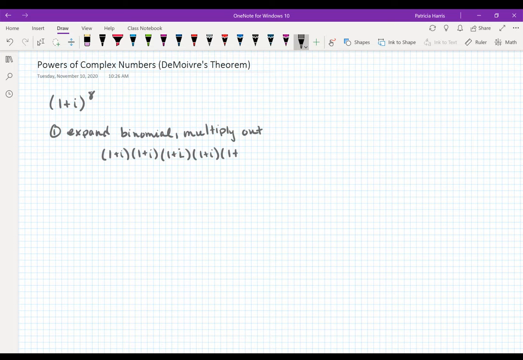So that's 4, 5, 6, 7, and 8. Okay, I would have to write that 8 times out, and then I would have to distribute a lot. Let's say I don't want to do that. So I would use something called de Moivre's theorem.